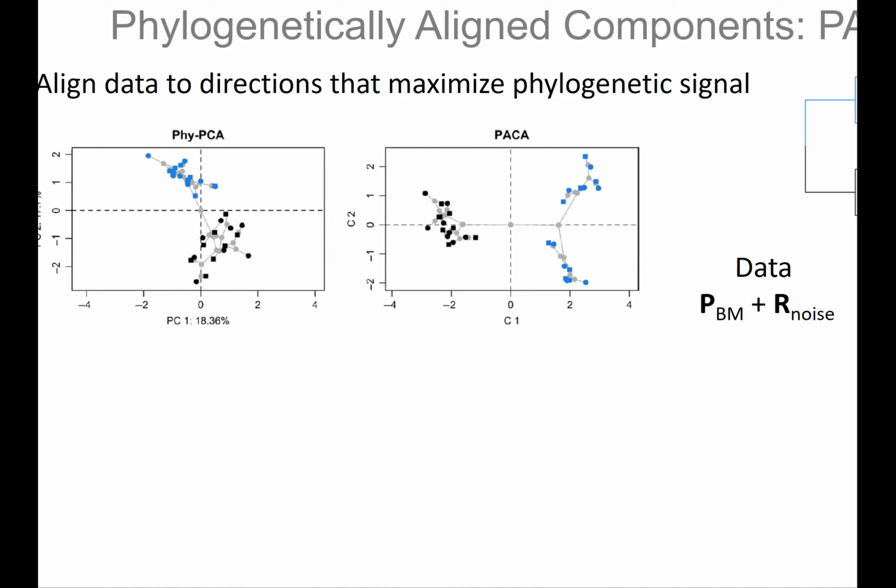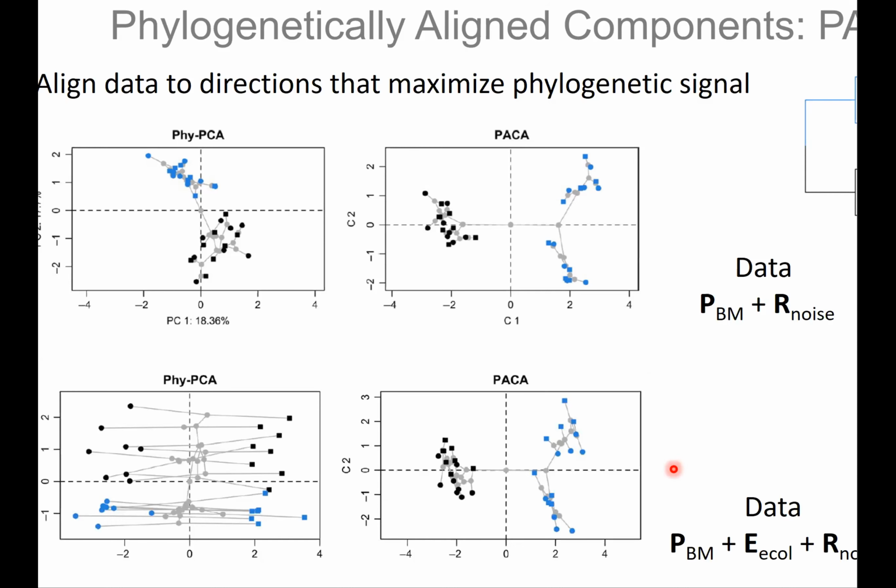Okay, they're not aligned identically because the algebra is slightly different, but both of them manage to separate the groups. In the case of PACA, it's along the first axis. In the case of phylogenetic PCA, it's actually closer to the second axis because that first axis is rendered independent of phylogeny. But what happens when we create data that has both phylogenetic and ecological signal in it?